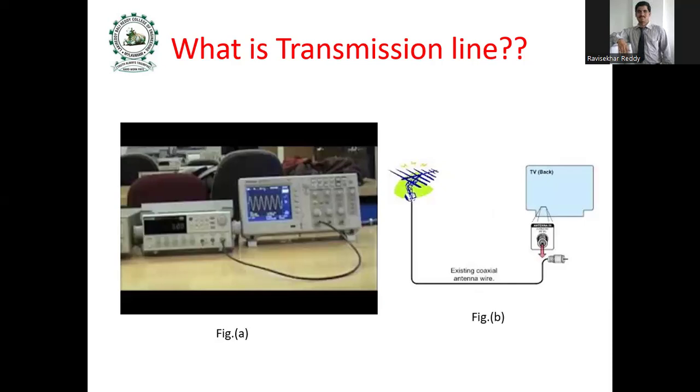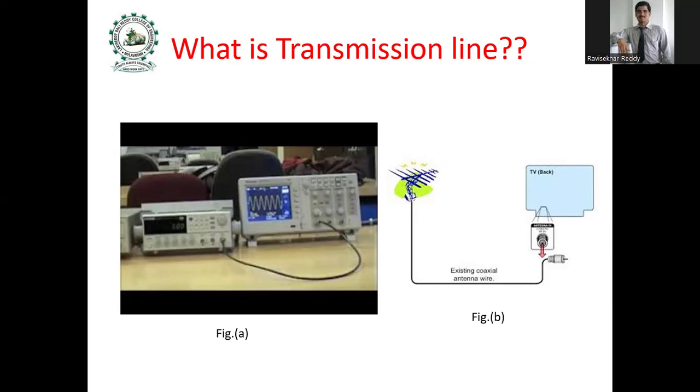So here there is one transmission line, figure A, a coaxial transmission line sending information from the signal generator to the CRO. In figure B, there is one transmission line in between the antenna and the TV.